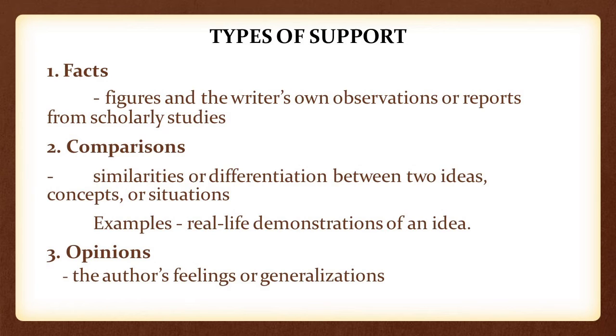This may include figures and the writer's own observations or reports from scholarly studies. Next, we have comparisons. Basically, comparisons deal with similarities or differences between two ideas, concepts, or situations. And the last will be opinions. It includes the writer's feelings or generalizations.